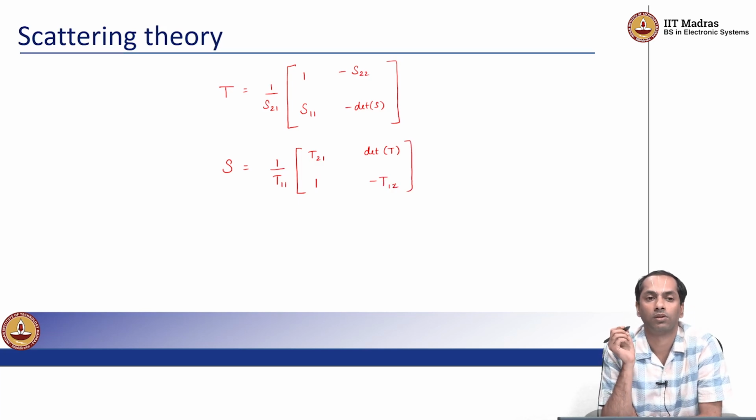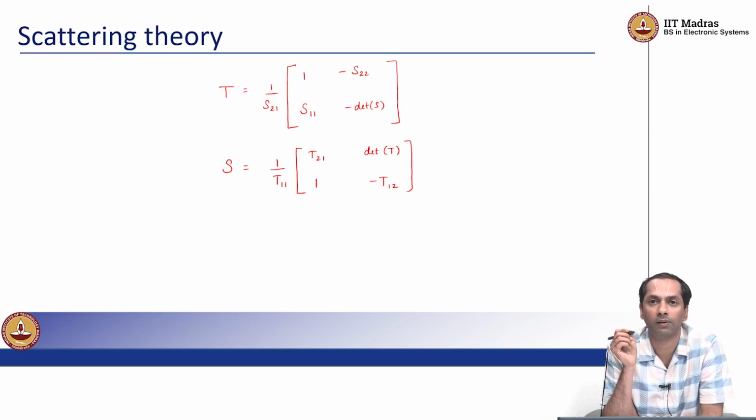As students, at this point you should very well understand what scattering theory is, what the wave amplitudes A and B are, how they are defined, the modulus square of A and B signifying the average power flow in a certain direction, and that for a simple two-port device we have two kinds of matrices, the scattering matrix and the transmission matrix, and how to relate their individual elements with each other.